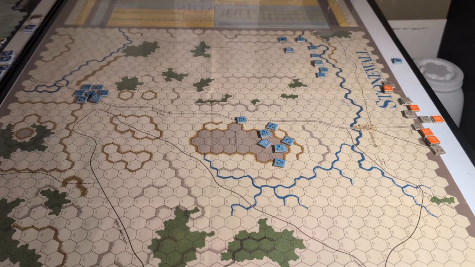Maybe we just have the one scenario. Oh, yeah. So the game begins at 1400, ends at 1900, for a total of 15 game turns. The Union player deploys all his units on the map. Then the Confederate player deploys his units. The first game turn begins with the Confederate player. Artillery units must be deployed unlimbered.